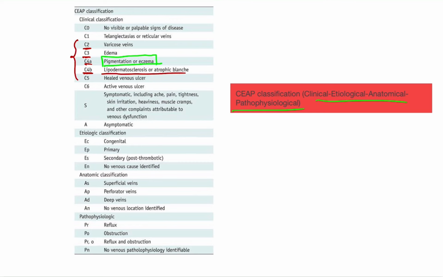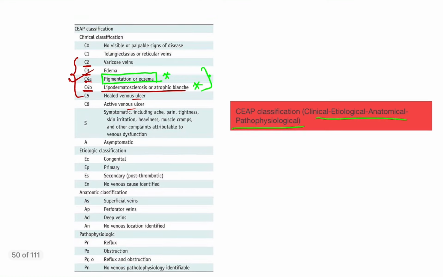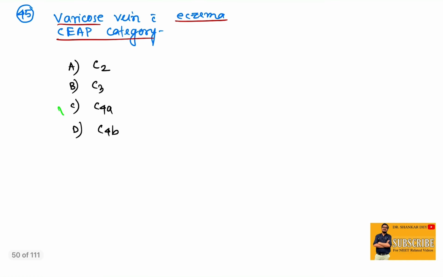Usually these 4 are asked in competitive exam, and sometimes healed venous ulcer and active venous ulcer are asked. So in this case, the answer will be C4a. Most important point to remember: C4a and C4b. This is repeatedly asked in previous examinations also. So in this case, eczema will be category C4a.